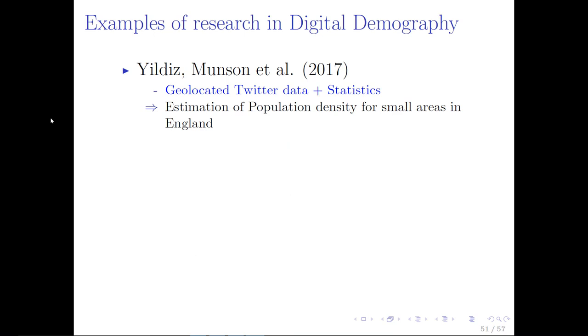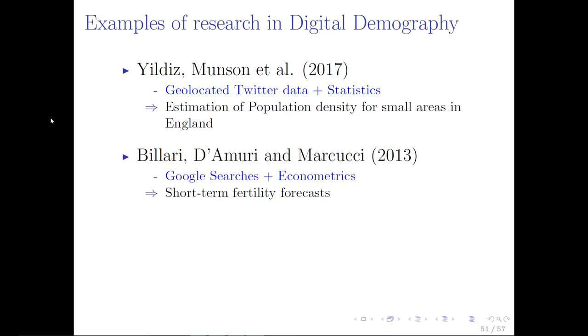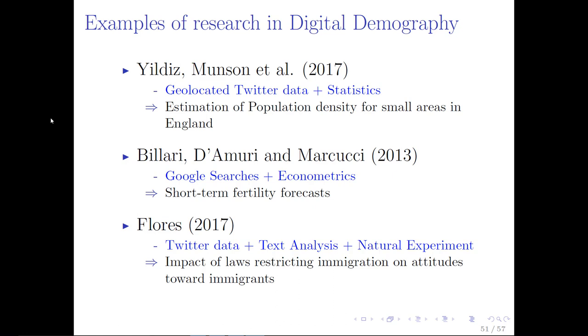So there are lots of examples of research in this context of digital demography, and I just want to mention a few examples that include the use of geolocated tweets with modern statistical approaches to estimate population density, for example, or the use of Google searches and Google Trends with econometric approaches to nowcast fertility, or the combination of Twitter data plus text analysis and a natural experiment in order to evaluate the impact of laws like the SB 1070 that restricted immigration on attitudes towards migrants.